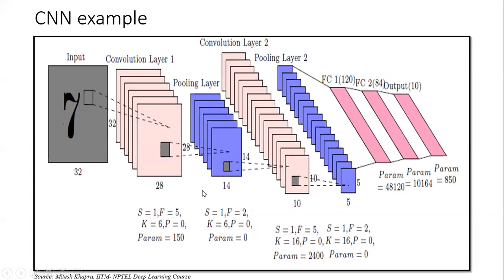Again, this happens to be first layer of filters. What am I doing by giving it to pooling layer? I'm taking the significant part of this and giving it to the next layer for learning, and so on. Now here in the next layer, I have chosen to use 16 filters.